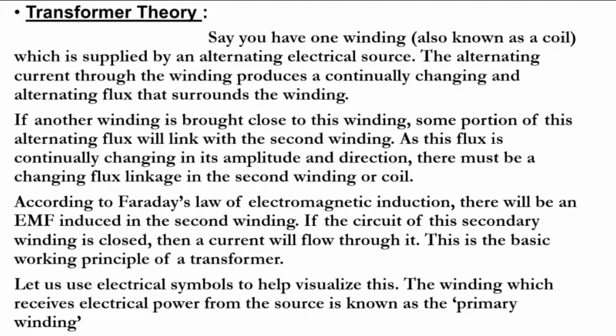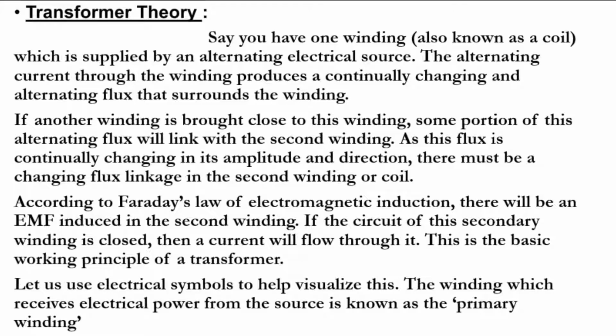As this flux is continually changing in its amplitude and direction, there must be a changing flux linkage in the second winding or coil. According to Faraday's law of electromagnetic induction, there will be an EMF induced in the second winding. If the circuit of this secondary winding is closed, then current will flow through it. This is the basic working principle of a transformer.